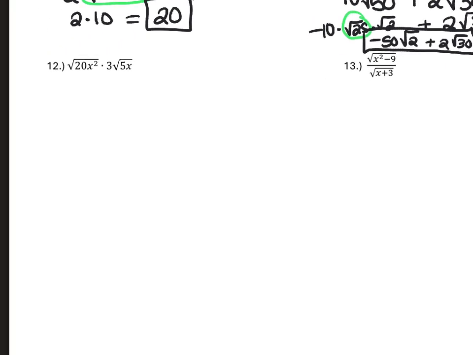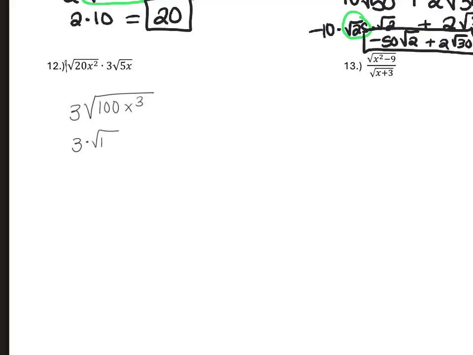The basics. Coefficients times coefficients. What's the coefficient of the root 20x squared? Technically, there's a 1 out here. So 1 times 3 is 3. Then we put our root, and we multiply our radicands. 20 times 5 is 100. X squared times x is x to the third. And then we need to simplify the radical.